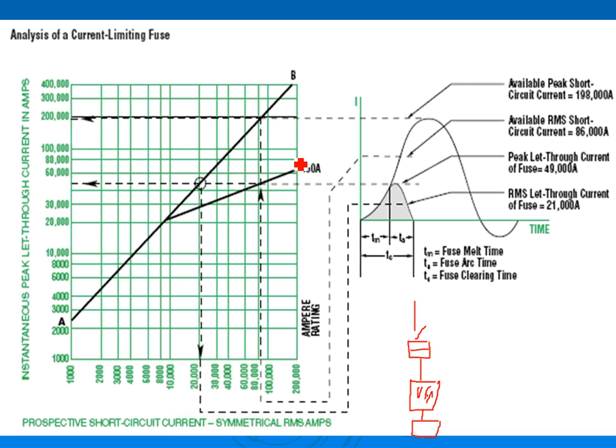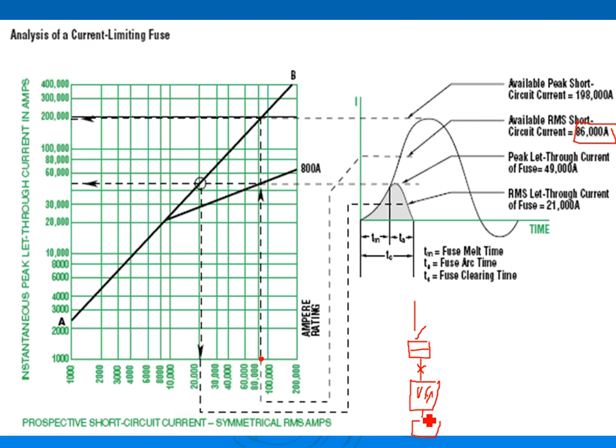So the way you're going to buy the current limiting fuses is, I have an 800 amp current limiting fuse. Let's start with the available short circuit. The available short circuit current right in here is 86,000.